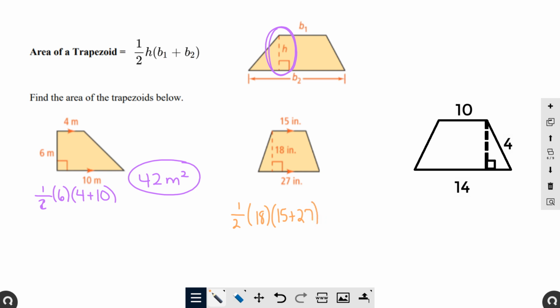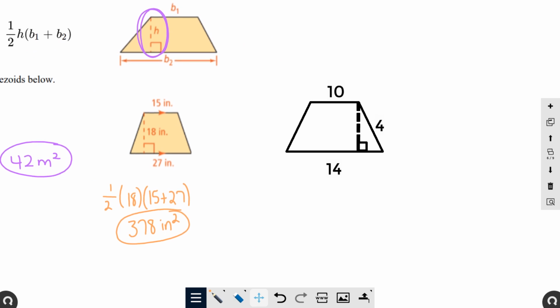And then I'm going to use my handy dandy calculator because those numbers are quite large. 15 plus 27 is 42. Let's times that by 1/2 of 18, or by 9, and we get 378 inches squared.